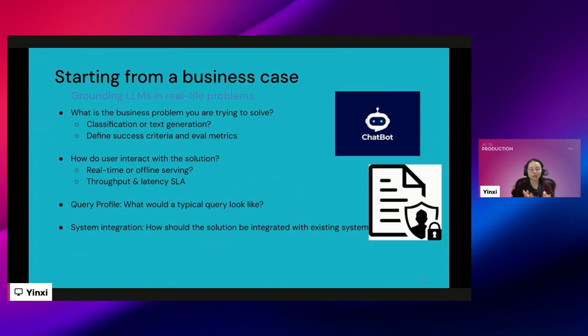If this is a chatbot, what kind of questions do people usually send to it, how long are they, what does the context generally look like, and once you build this chatbot, what does the user interaction look like? Is it going to be a UI, and how does it integrate with the rest of the existing system? These are all things you want to consider from the business design point of view.